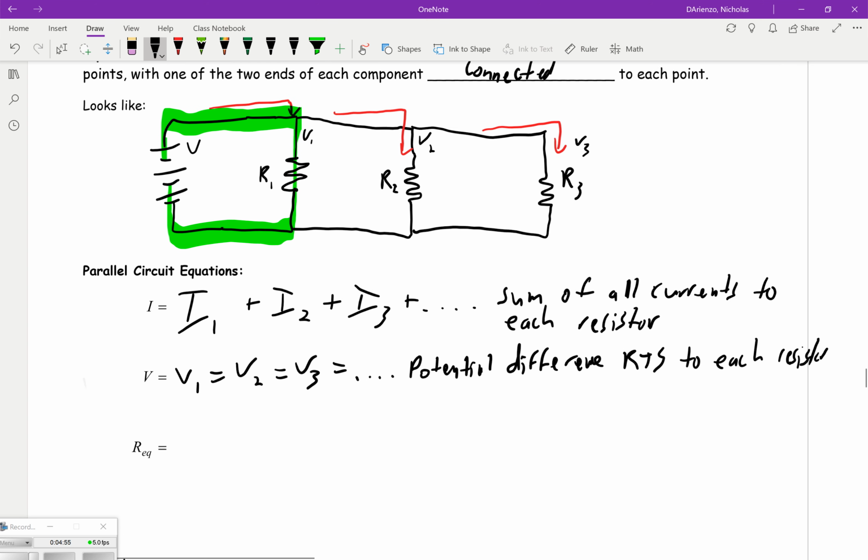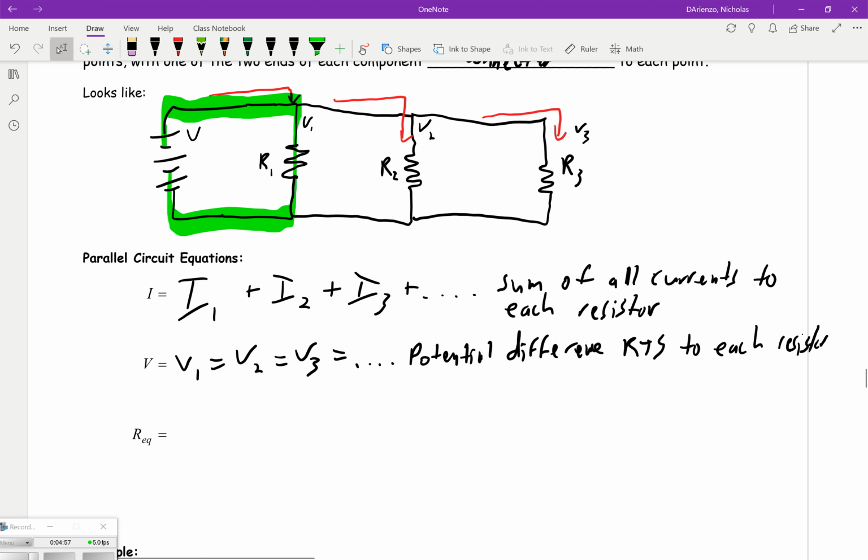Now the equivalent resistance, this is going to be the most challenging part of parallel circuits and determining any of these values. We actually call this 1 over Req, where the equivalent resistance is represented in the denominator of this fraction.